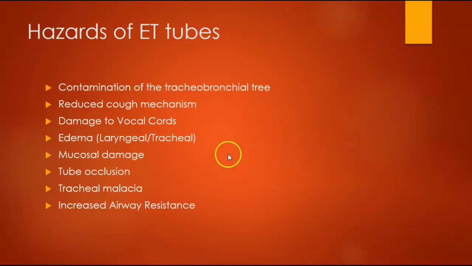Okay, so hazards of ET tubes. Because I'm putting this down into my lower airway, I can contaminate the tracheobronchial tree, okay? It's an invasive procedure. So any invasive procedures, as we think back to infection control, can cause contamination to that tracheobronchial tree, can put my patient at risk for infection. Because this airway is down into my lower respiratory tract, I'm going to be bypassing and messing with my cough mechanism.